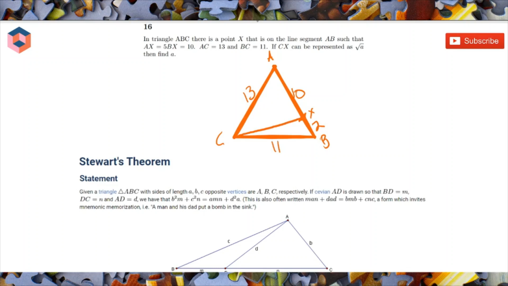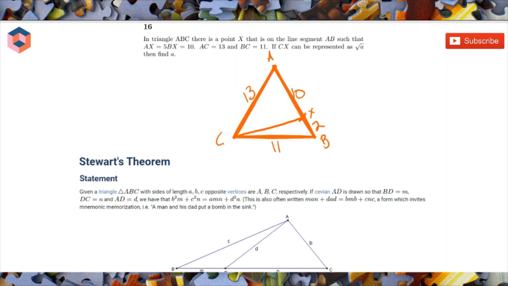Now a problem like this should really make your head go to Stewart's theorem. Stewart's theorem states, given a triangle ABC with sides of length a, b, and c, opposite vertices A, B, and C respectively, if a cevian, a line from a vertex to the opposite side, is drawn so that BD equals m, DC equals n, and AD equals d, we have that b squared m plus c squared n equals amn plus d squared a.